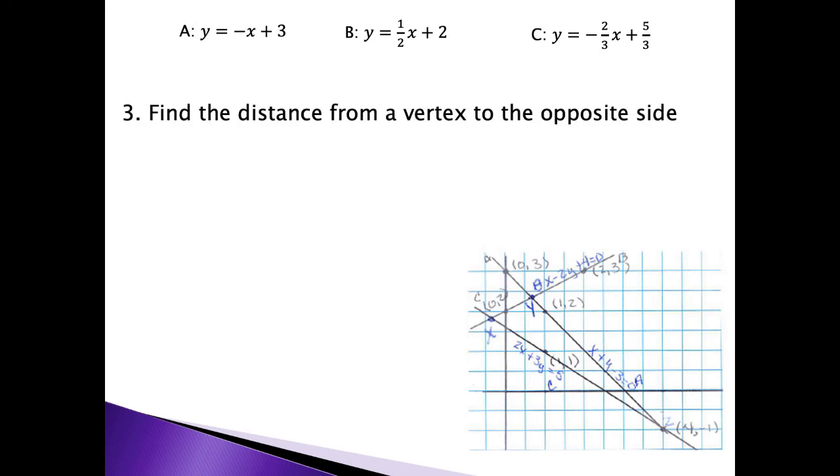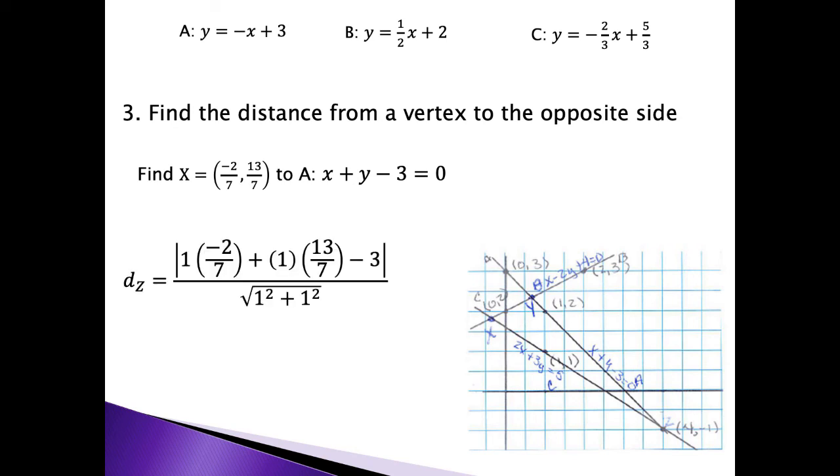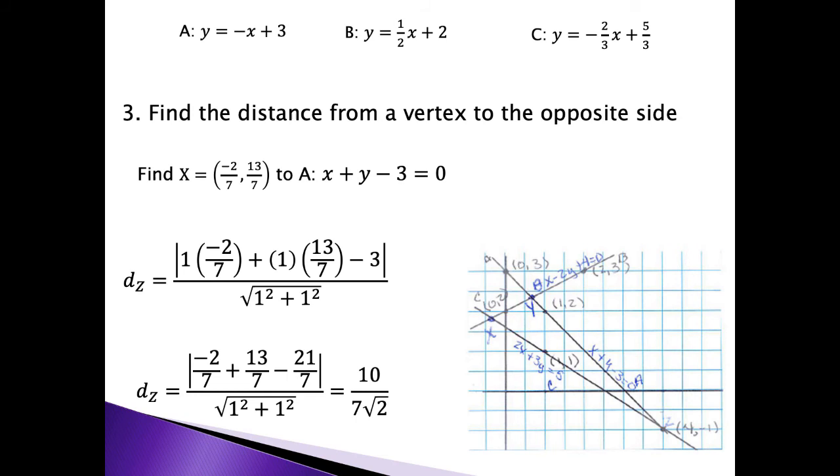The altitude from X to A, X is (negative 2/7, 13/7). A is X plus Y minus 3. So we have the absolute value of 1 times negative 2/7 plus 1 times 13/7 minus 3 over the square root of 1 squared plus 1 squared.